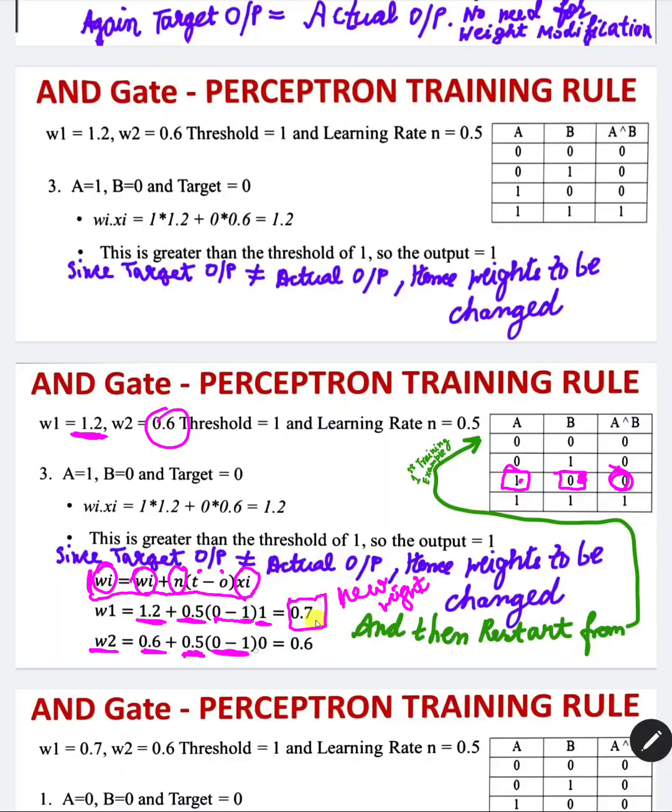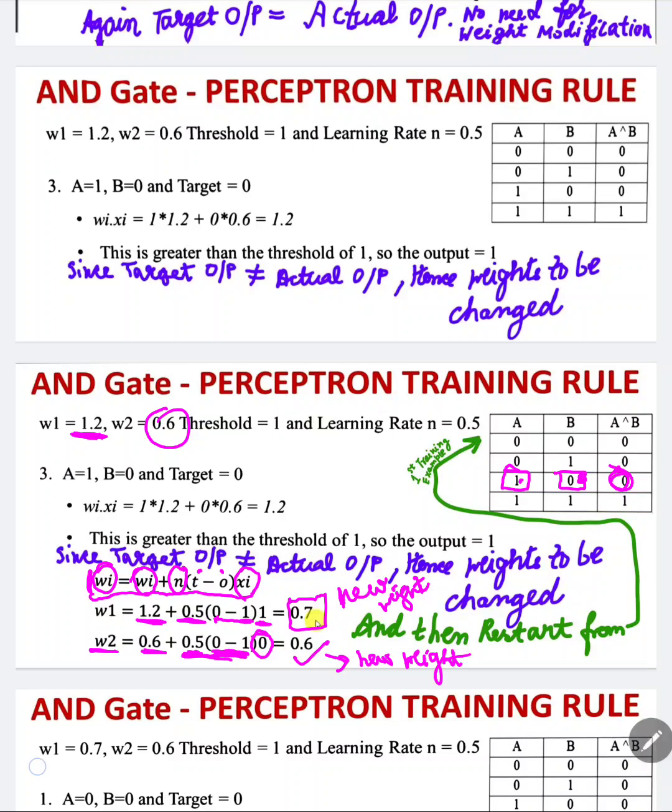What is the input? B. So all of this multiplied by 0 will be 0. So the old weight and new weight remain the same. So W2 is the new weight, and already it was 0.6. Now again it is 0.6. So weight 1 has changed to 0.7 and weight 2 has remained the same, 0.6.